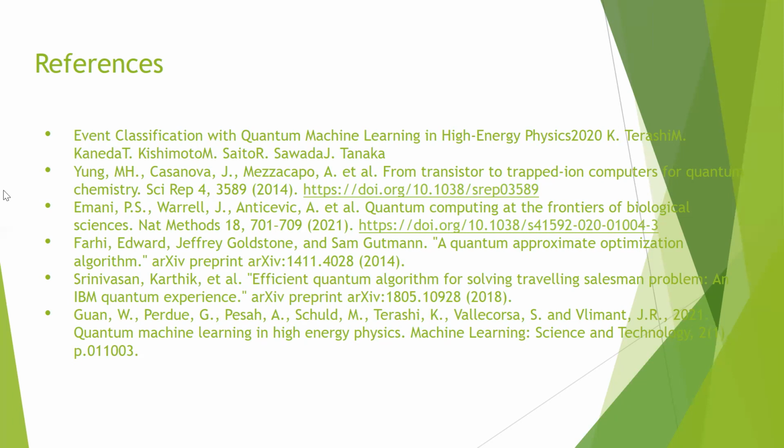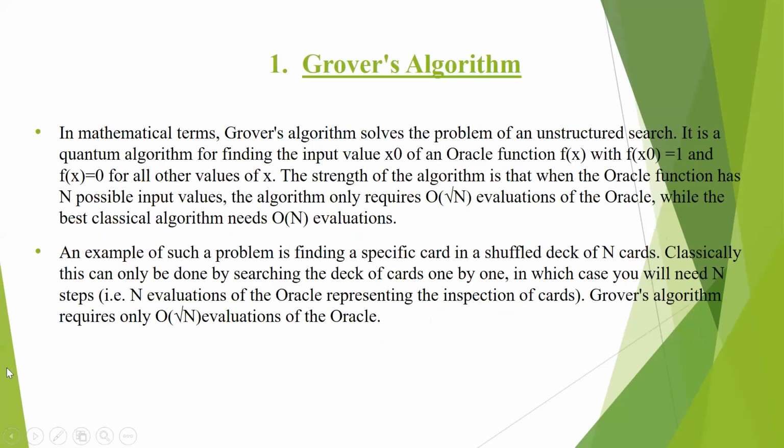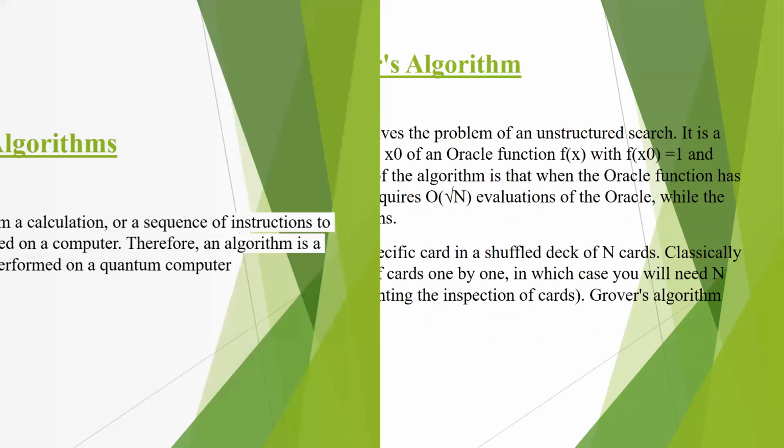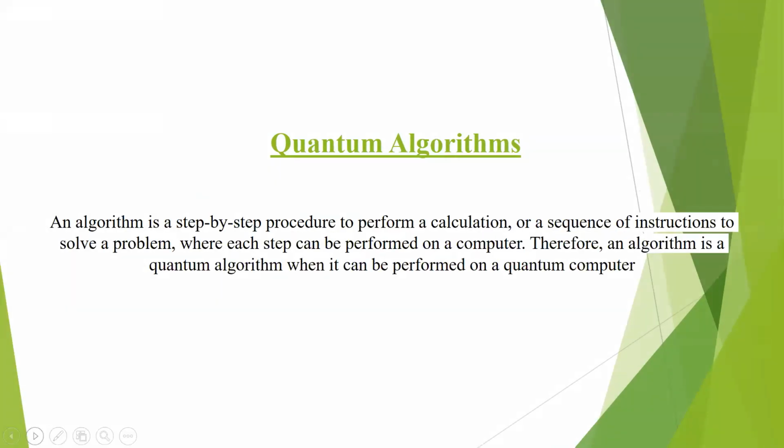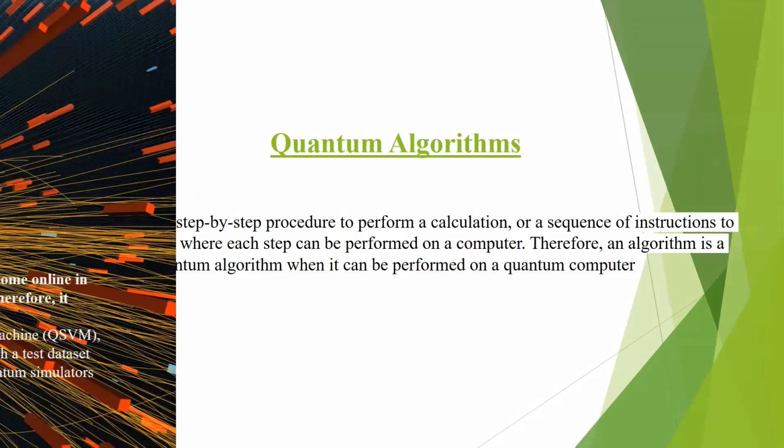I think I could ask a question. You mentioned that these quantum algorithms could be a bit better at solving optimization problems than classical computers, and you mentioned the traveling salesman problem as an example.